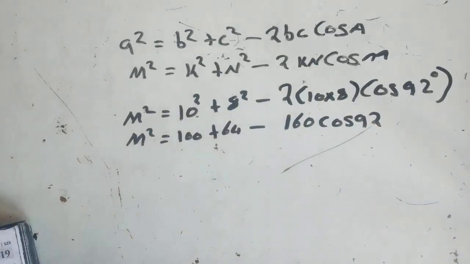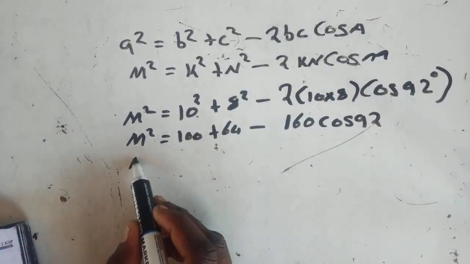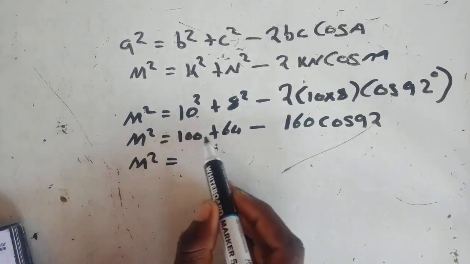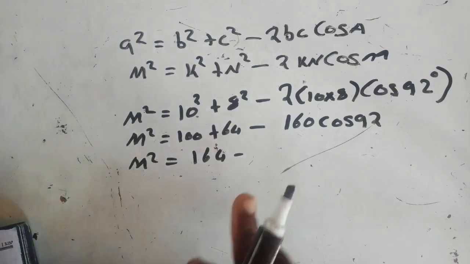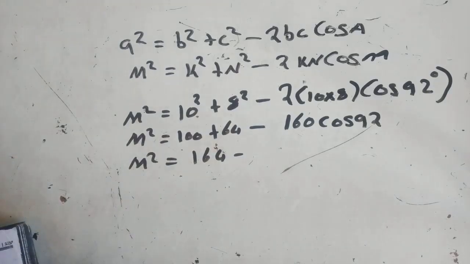So M squared is equal to 100 plus 64, we're going to have 164, minus 160 multiplied by cos 92.